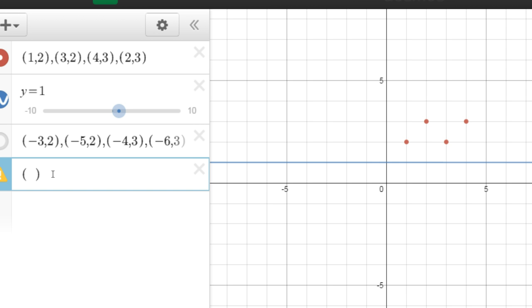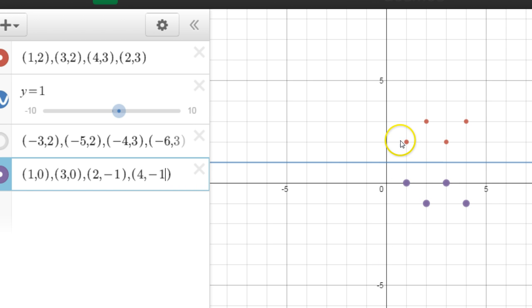So I'm going to be looking at 1, 0, then 3, 0, then 2, -1, and then 4, -1. And as you can see, the reflection looks pretty darn good across there.